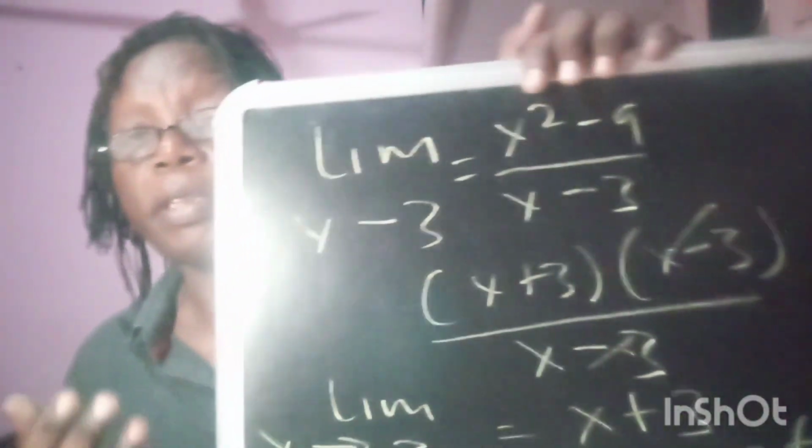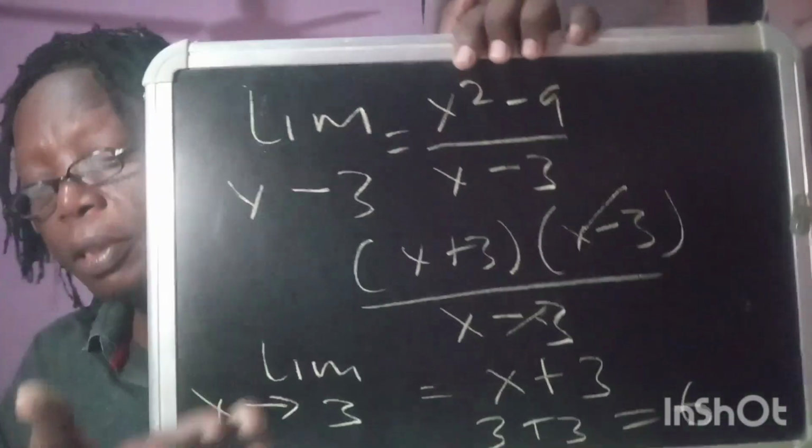Guys, you can give yourself various examples and follow this method. For example, what is the limit of x as x approaches 7? Let's calculate one more. No, we're going to do something different because this we have already done.